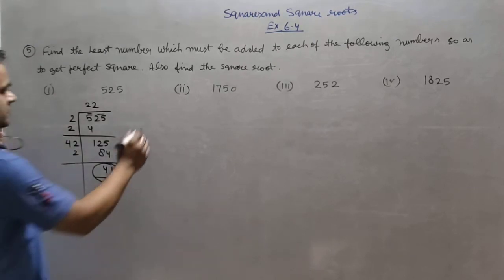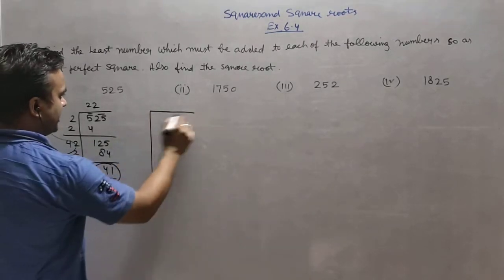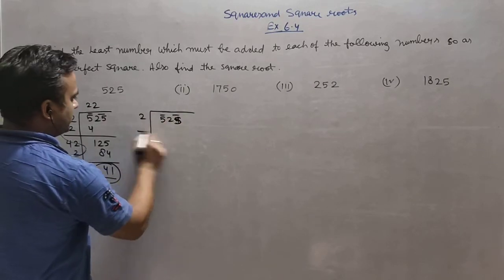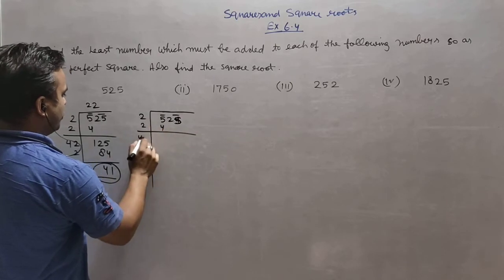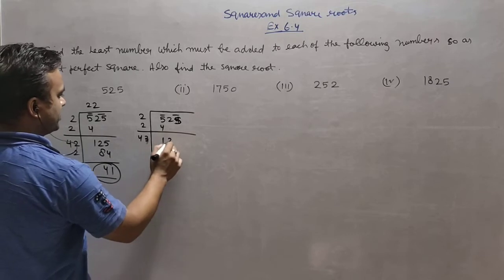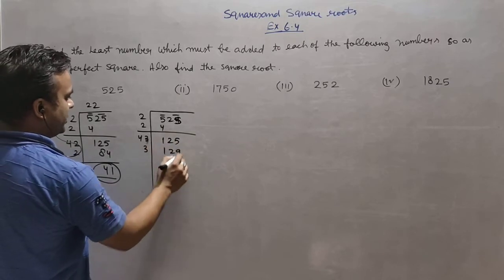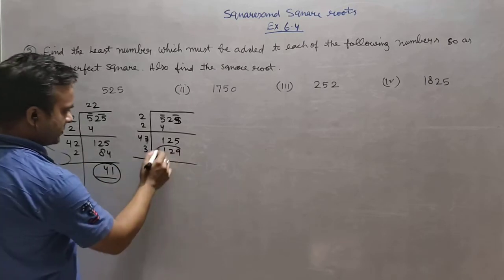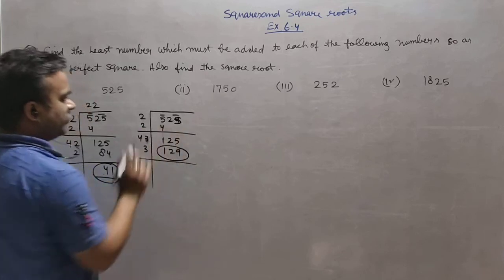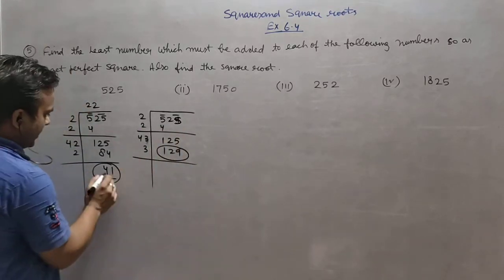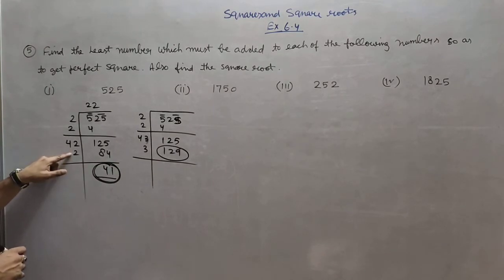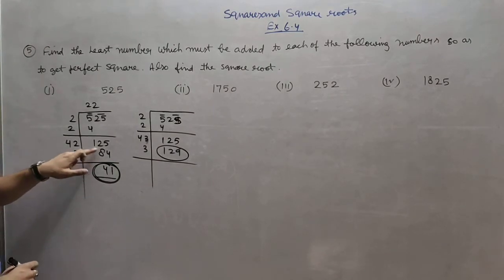Okay. Now suppose I look at this question again, 525, and 2, this one is 4, 2, 4, 2. In place of 2, suppose I am putting here 3. So what I will get here is 129. Yes, it means at 3 we are getting 129, and we are getting 41 if we are putting 2 here.